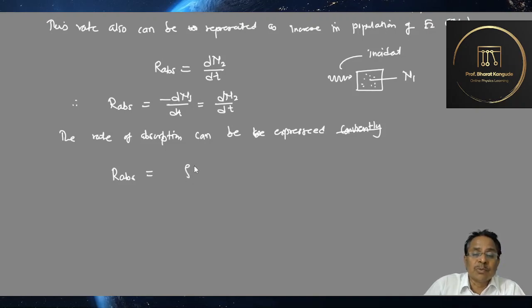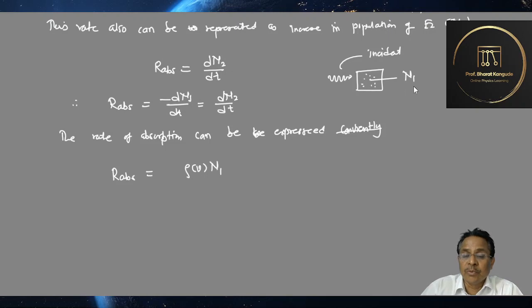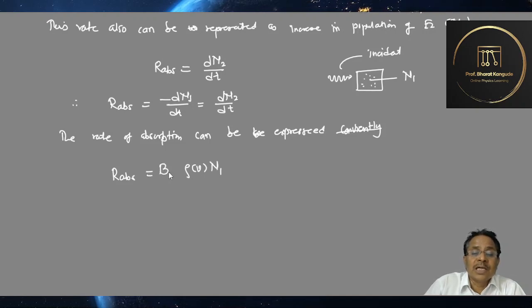now this time I am writing that this is proportional to rho nu, that is the photon field or the photon intensity, photon energy. It is proportional to N1, the population of the first energy state E1, and I am writing a proportionality constant for the first time, that is B12.